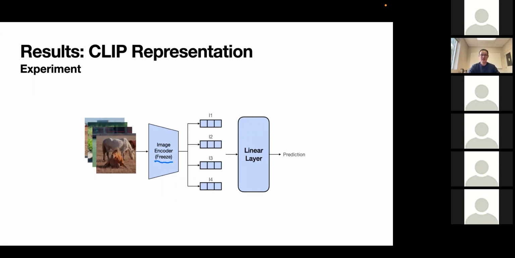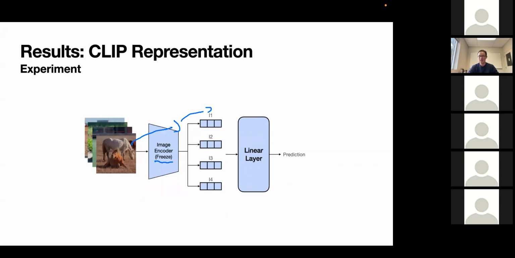I just want you to notice this image encoder. This image encoder is frozen, so it will not be influenced by the training procedure of the following task. So each image just goes through this frozen encoder, gets a feature, and we can use this feature in other models to get some predictions.